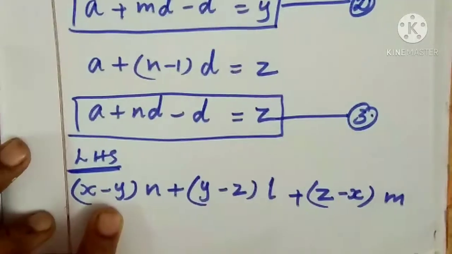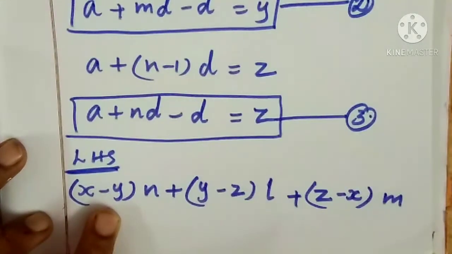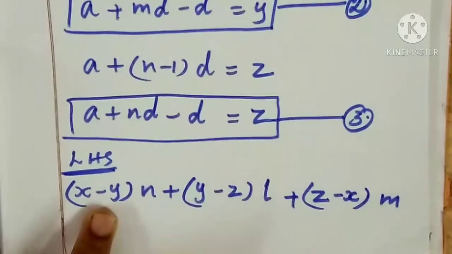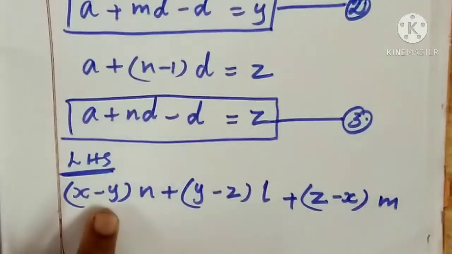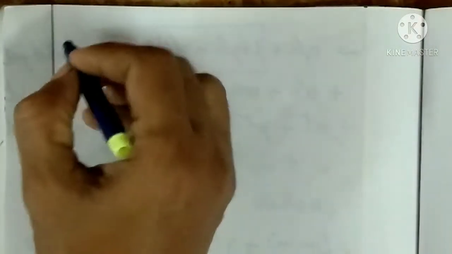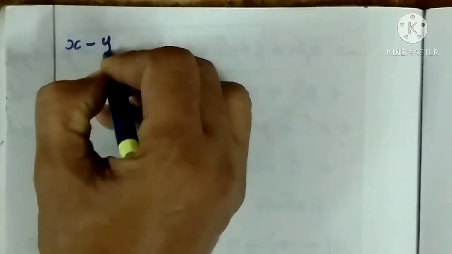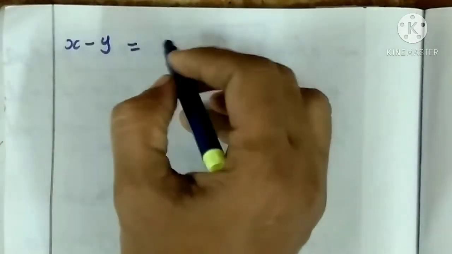First you have to find the value of the bracket terms. That is, now you have to find the bracket term, that is x minus y, which is equal to x term.